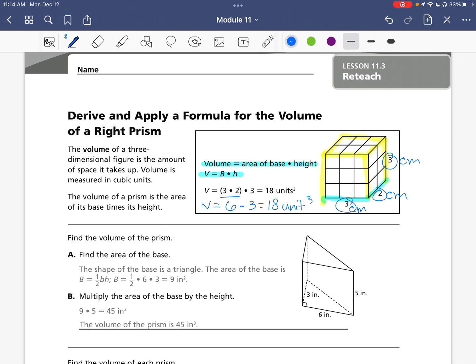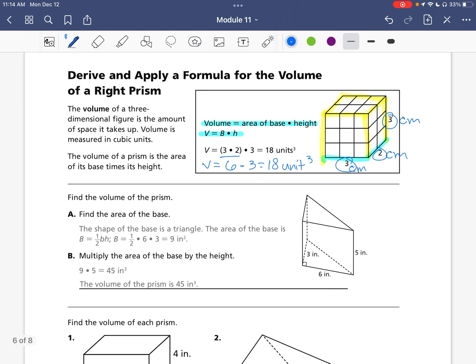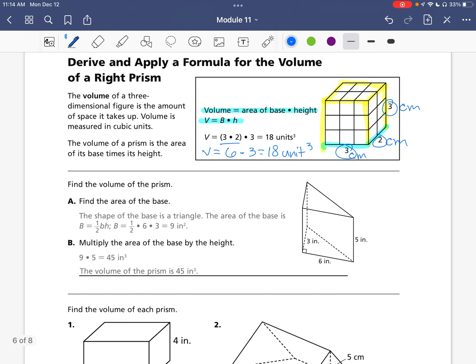All right, so we have the volume of a prism here. We find the area of the base, which here, our base is this part right here. The area of our base times our height, which they give us right here. This is 5 inches, and this is 5 inches, and then this is also 5 inches.